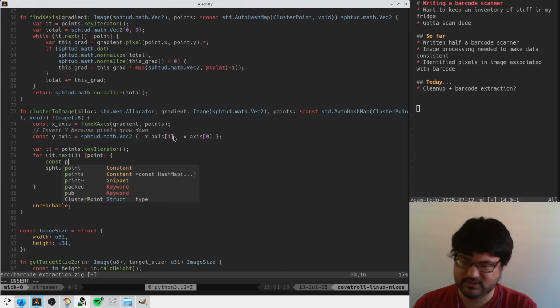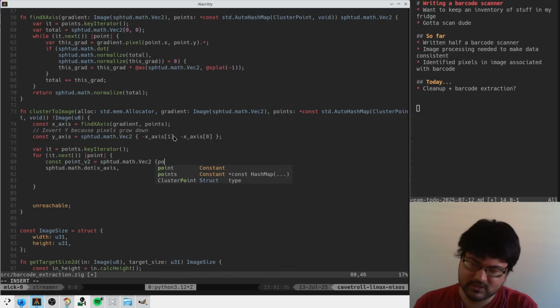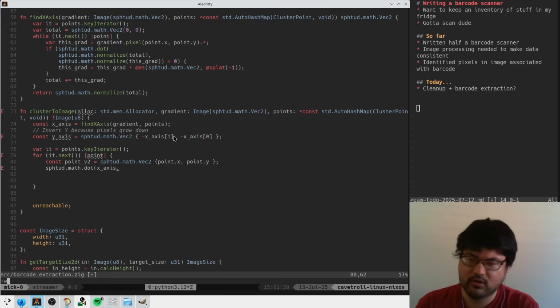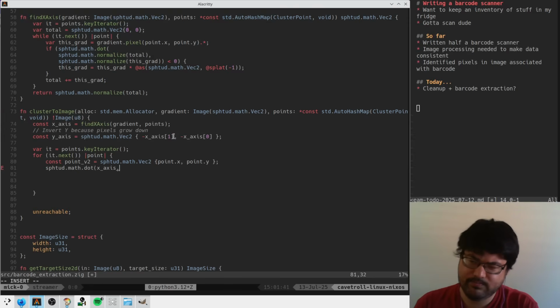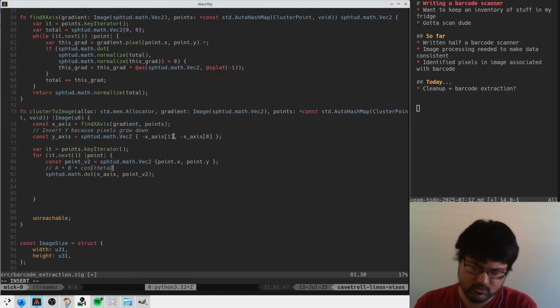So we can do point v2, point x, point y. We need to get this to be the right type. If we dot product these, this is a times b times cos theta between the two things.